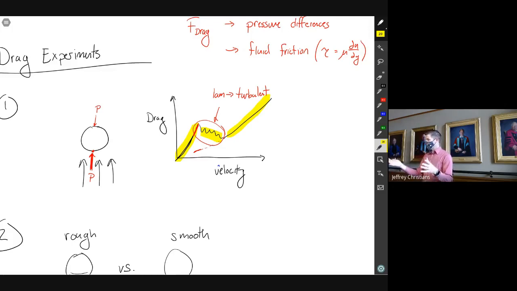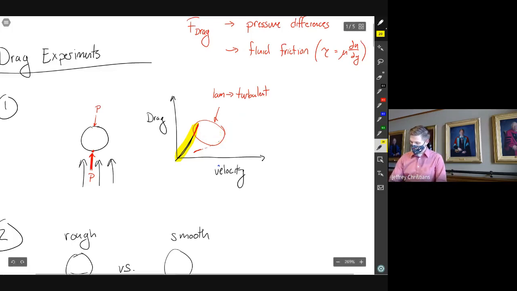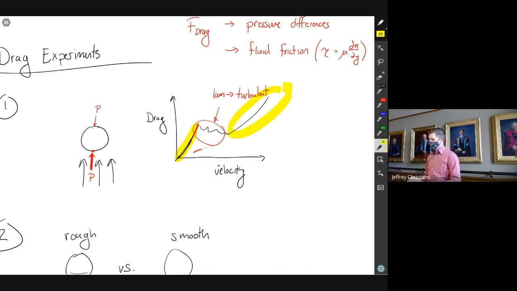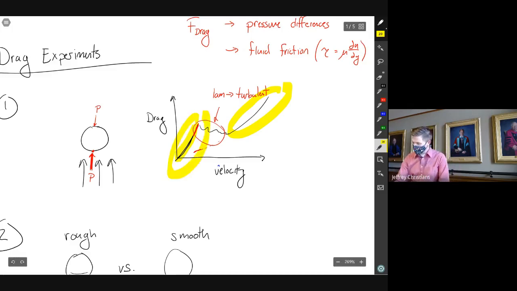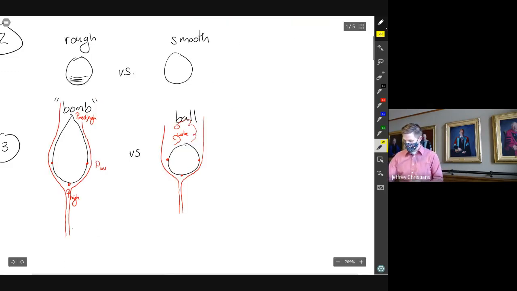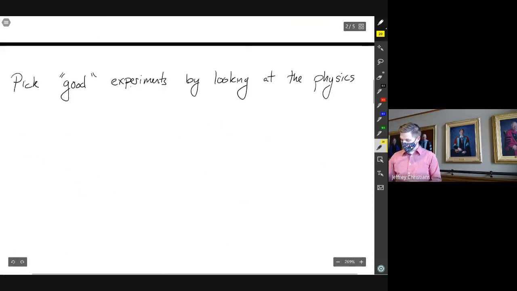If in our model system we're over here, the conditions that we pick for our model, and in our real system we're over on this other side, insights that we gain from our model are going to be totally meaningless for our real system because the physics is different. So we have to make sure we choose stuff that matches between the real system and the model. So we do that by looking at the physics.